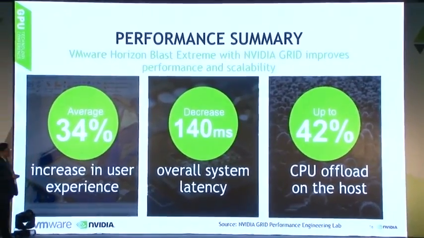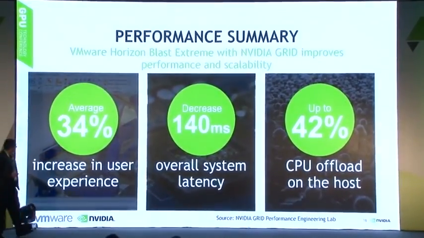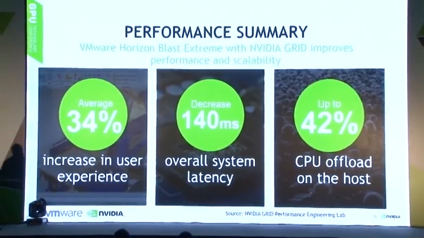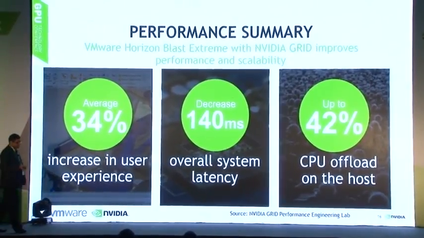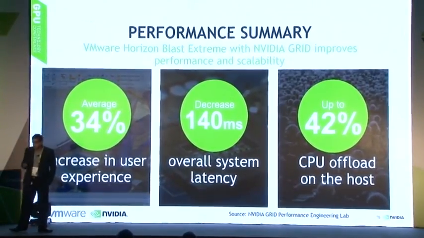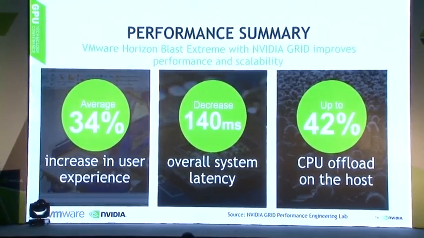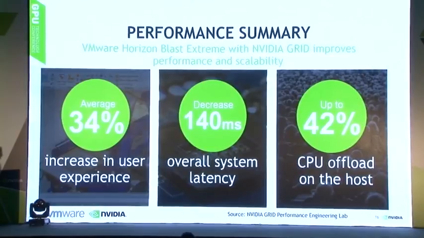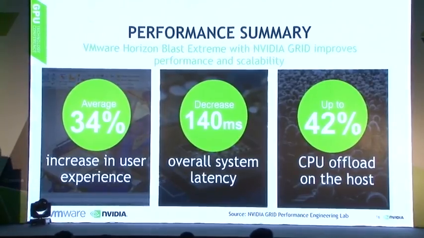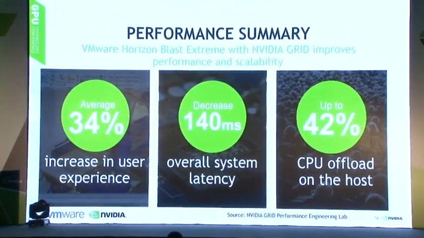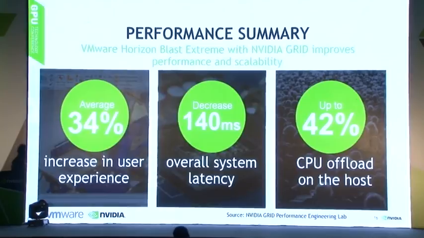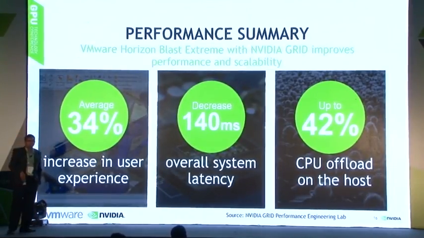What has Blast Extreme performance achieved? It's a 35% increase in the user experience. The traditional mindset of end users is to still continue with physical desktops. How do you ensure that they start moving to virtual desktops? We see an average increase of 34% in user acceptance. There is a 140 millisecond decrease in latency, because the biggest concern is latency, as in how you can stream from a data center located in some part of the world while I'm sitting in India.